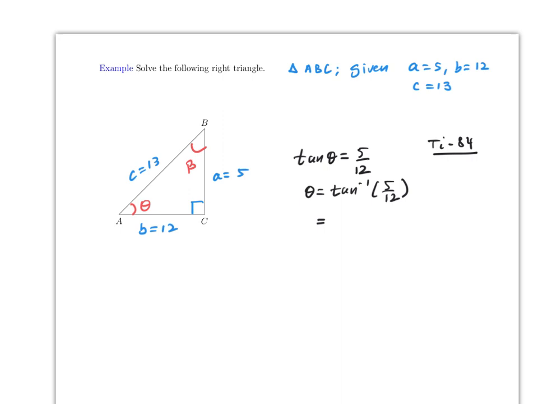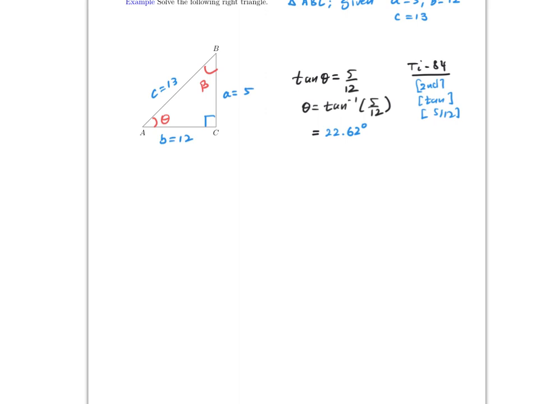To access this, you have to first click the second key. Make sure that the calculator is in degree mode, second key, and then just literally click tangent and then enter 5/12. So you do that in the calculator. This gives you 22.62 degrees.